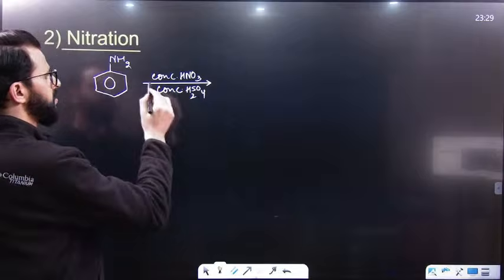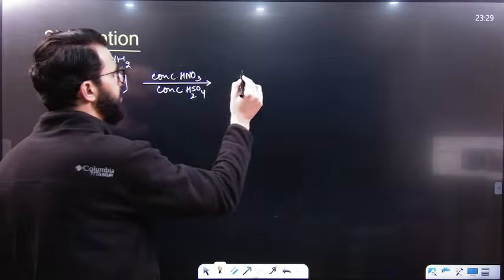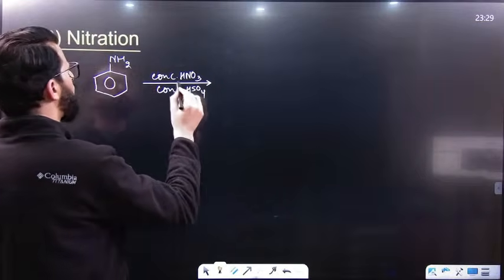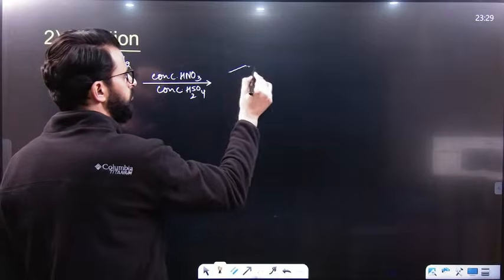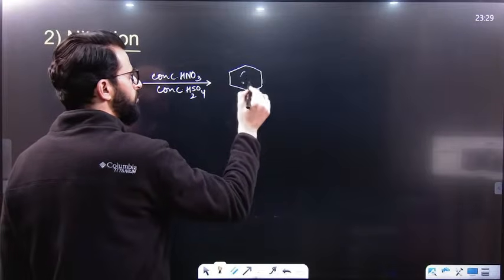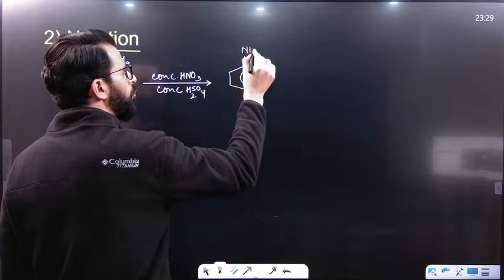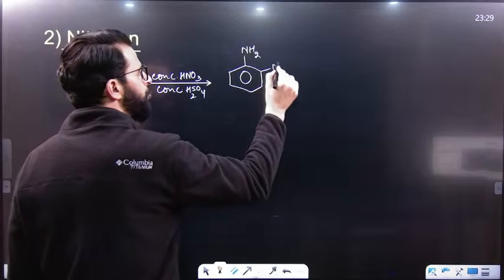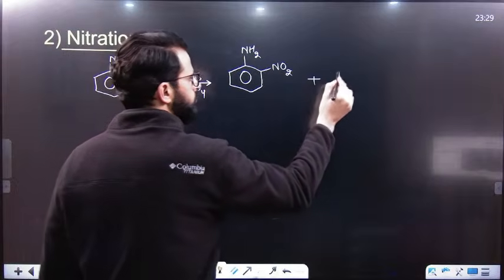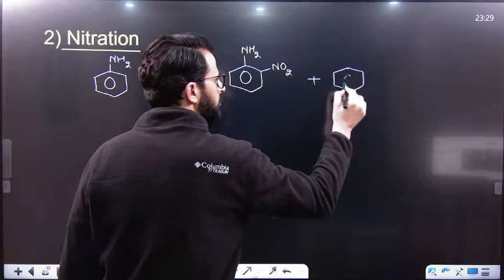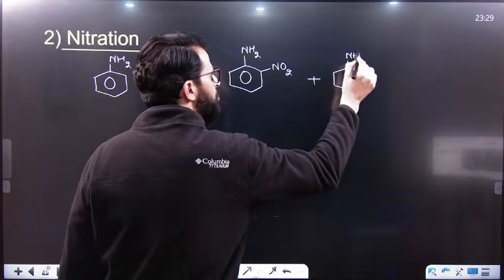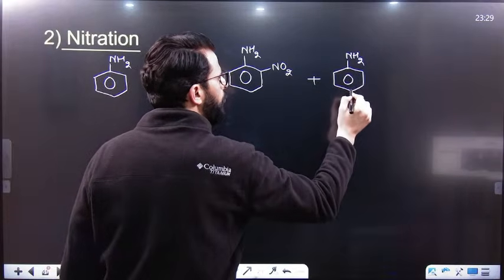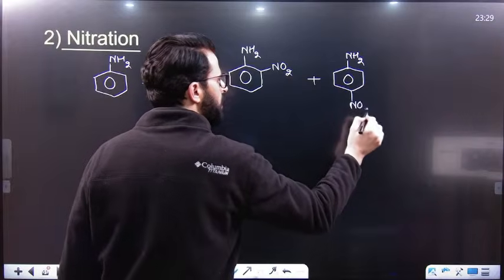Now NO2 positive will be generated and it should go to the ortho and para positions. But what we will observe is that it will go to the meta position as well.